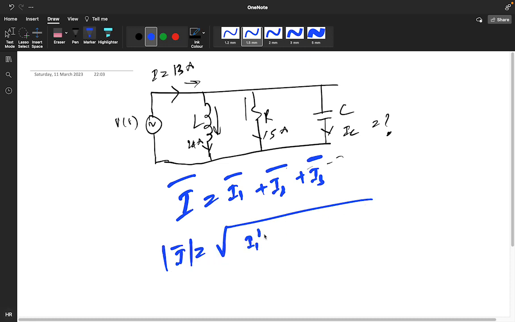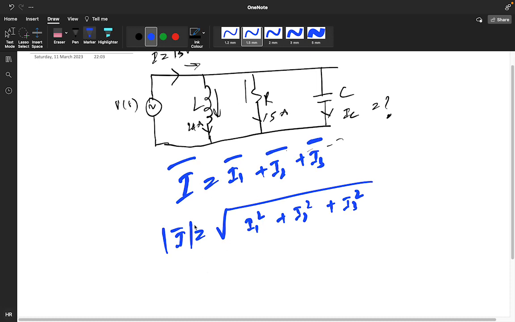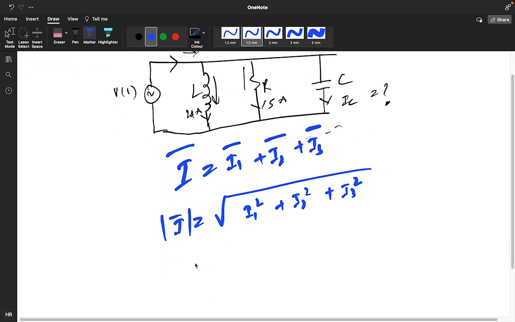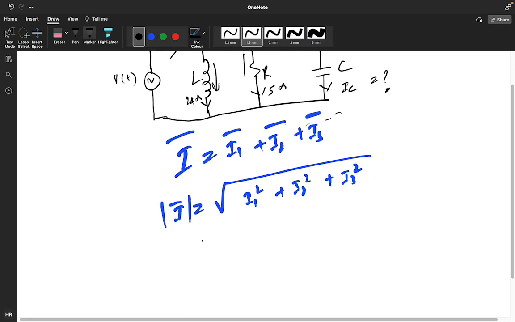Root under I1 square plus I2 square plus I3 square. It is like this, the modulus value. So what value is given? 13 is given. So the square of 13 equals I1 square plus I2 square plus I3 square.